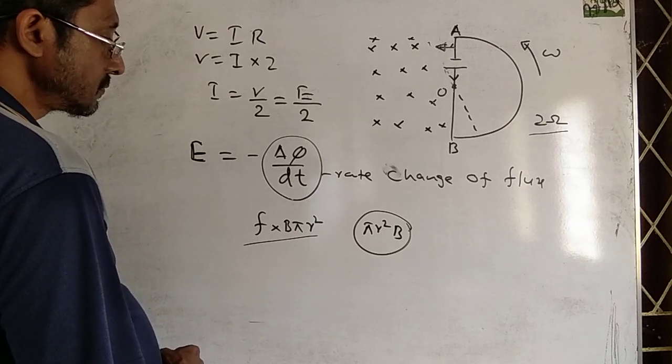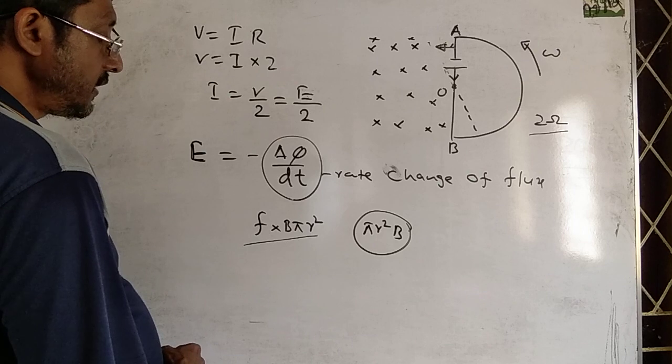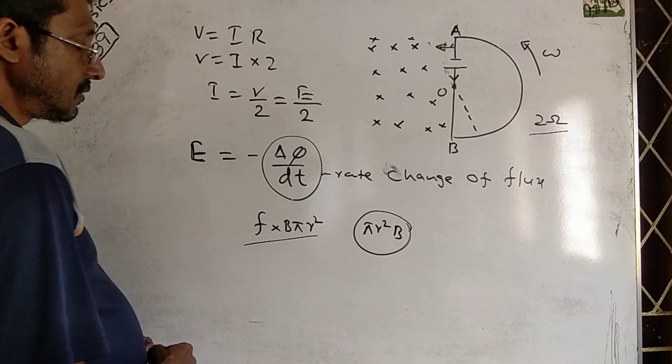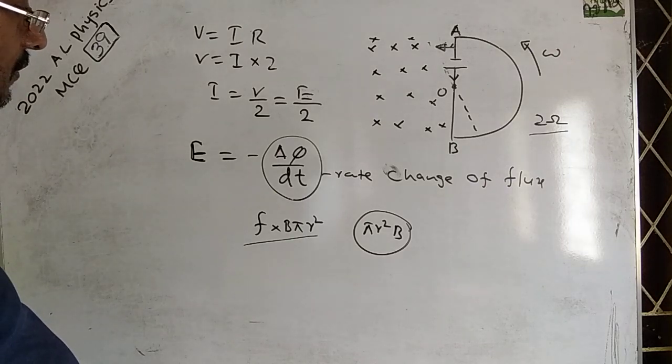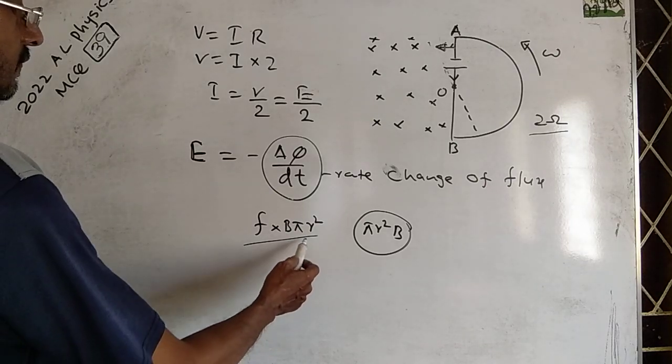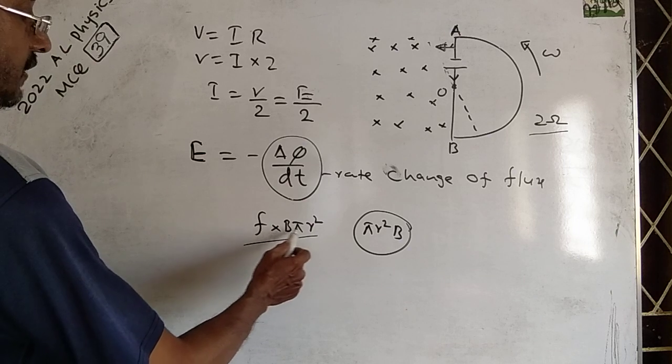That means within 1 second of rotation, within 1 second the flux change is f B pi R squared.